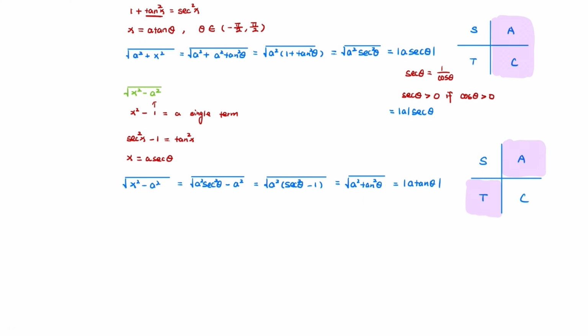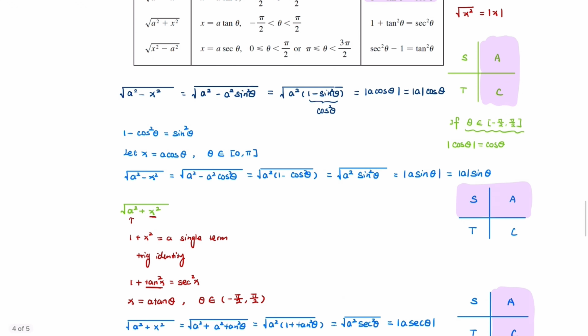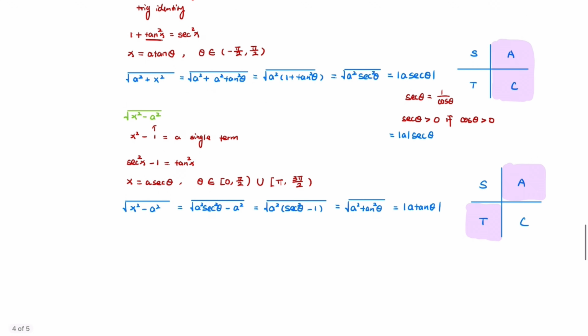So my theta could be between 0 and pi over 2; tangent theta is undefined at pi over 2. Union, because you can pick the other one, pi to 3 pi over 2. It's exactly like here, because my tangent is positive here.